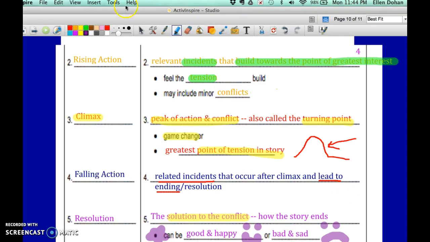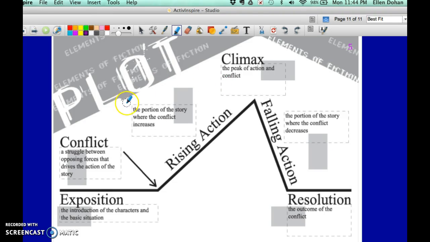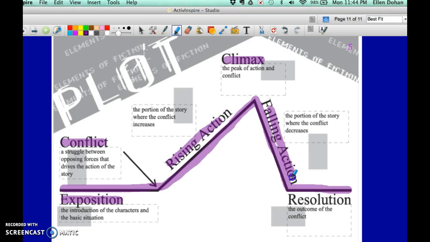Bummer. Okay, so what I want you to do, there's one more slide, and this slide is a visual of the typical plot structure. I want you to actually draw this triangle out and label each of the main parts.